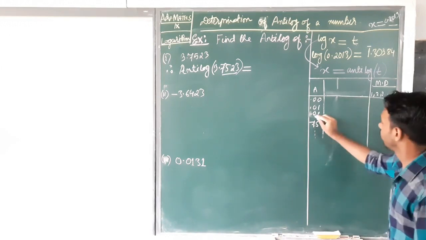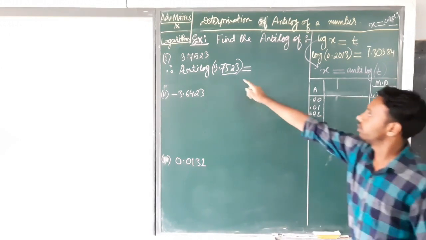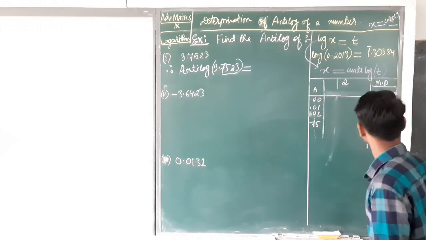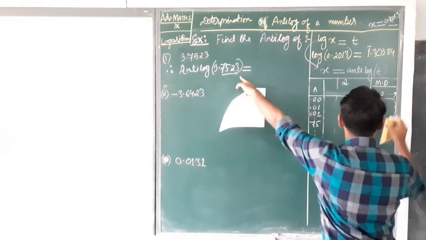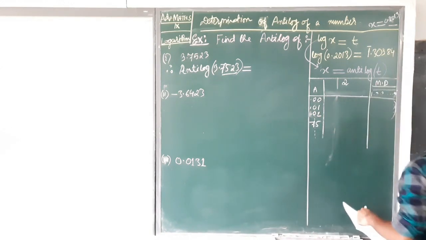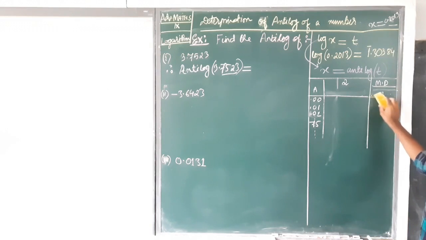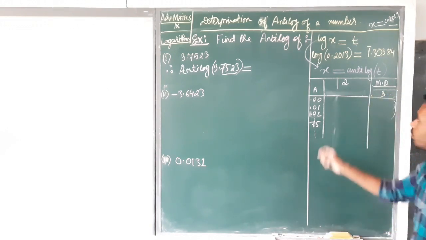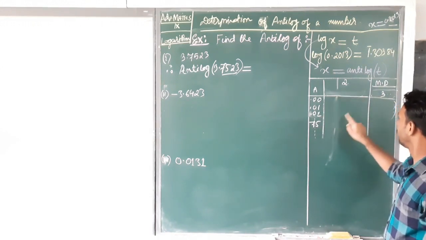Then the third digit is 2, so I take 2 here. Then the mean difference, how much? 3. So straight to 75, column 2 and mean difference 3.